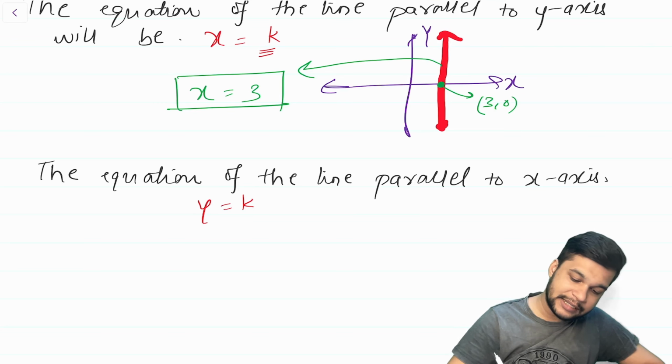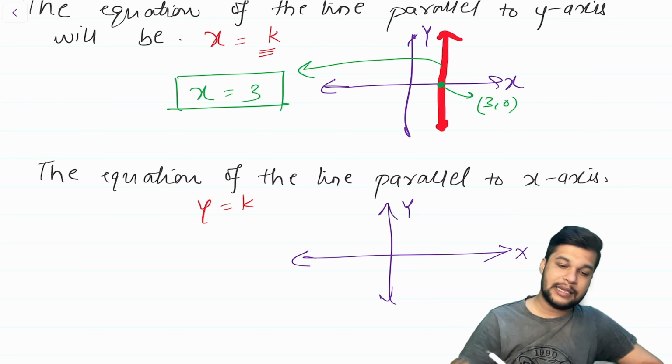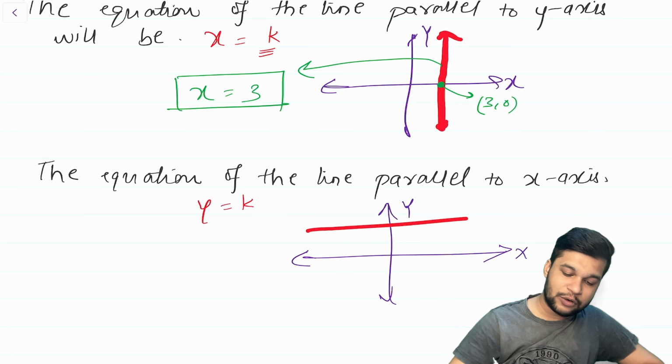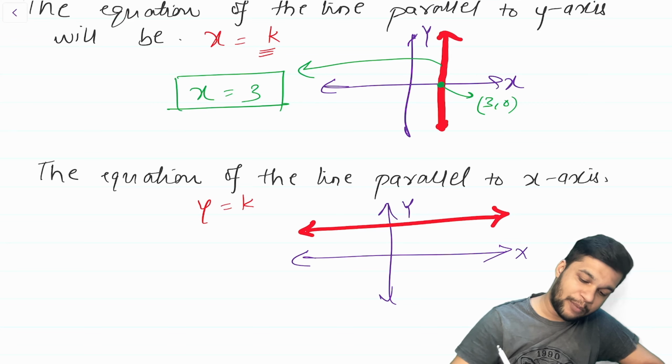What I mean to say is, let's say I draw the Cartesian plane something like this, this is your y-axis, this is your x-axis. Now you have a line which is parallel to the x-axis, and it passes through the point 0 comma 5.